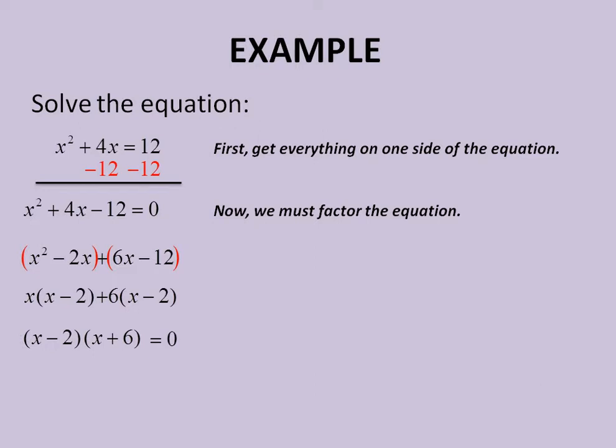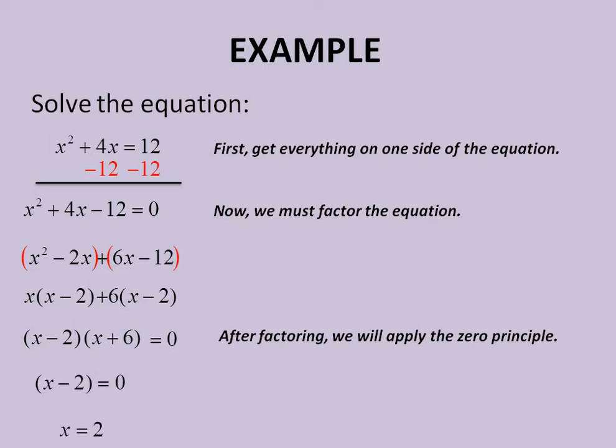Now that we've got this factored out, we're going to jump into using what we called the zero principle earlier by setting each factor, x minus 2 and x plus 6, equal to 0. So we say x minus 2 equals 0, and that of course would be solved by getting x equals 2.